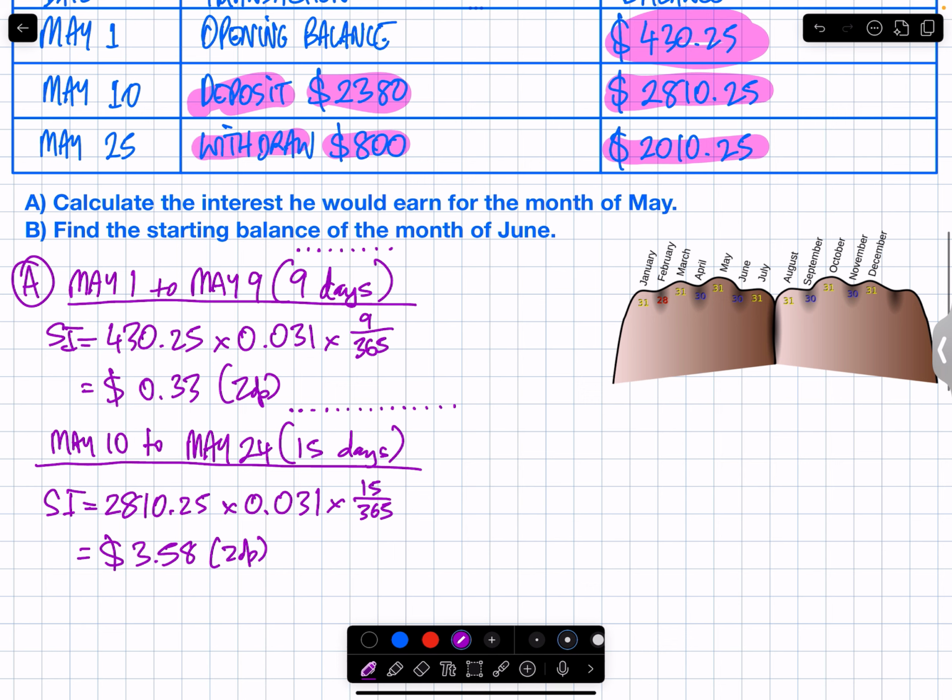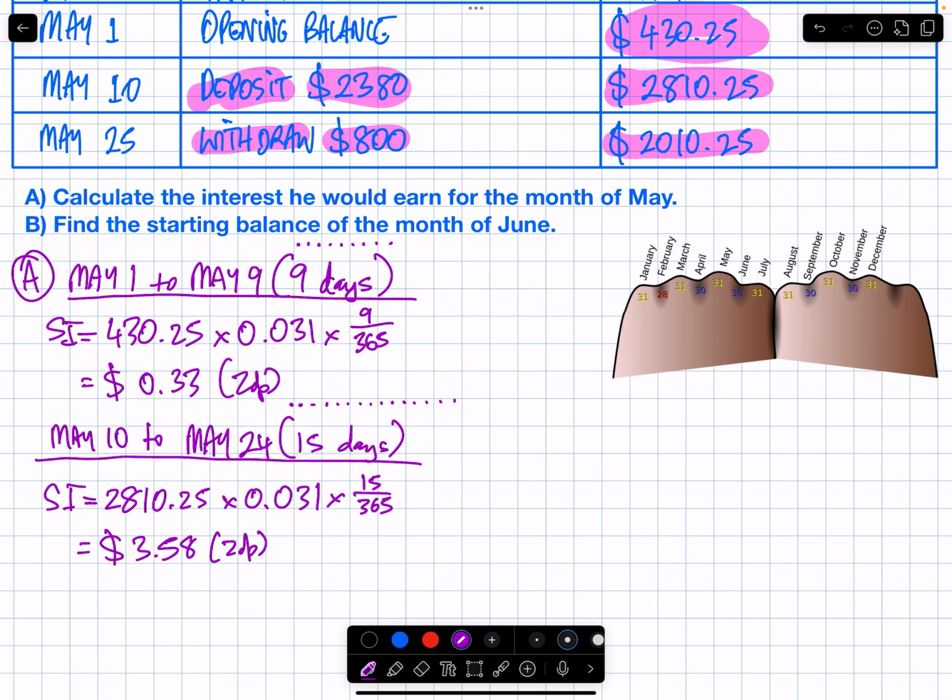You'll notice I haven't used the hand thing yet, but now I do, because the only information you have is May 25th here. Now we need to work out how many days there are in May. There's 31 days, so May 25th to May 31, 25, 26, 27, 28, 29, 30, 31. That's 7 days.